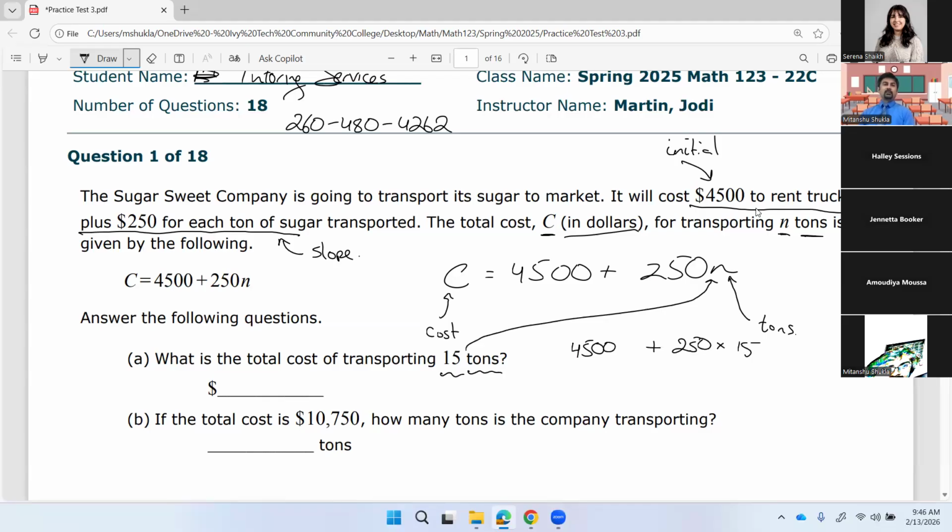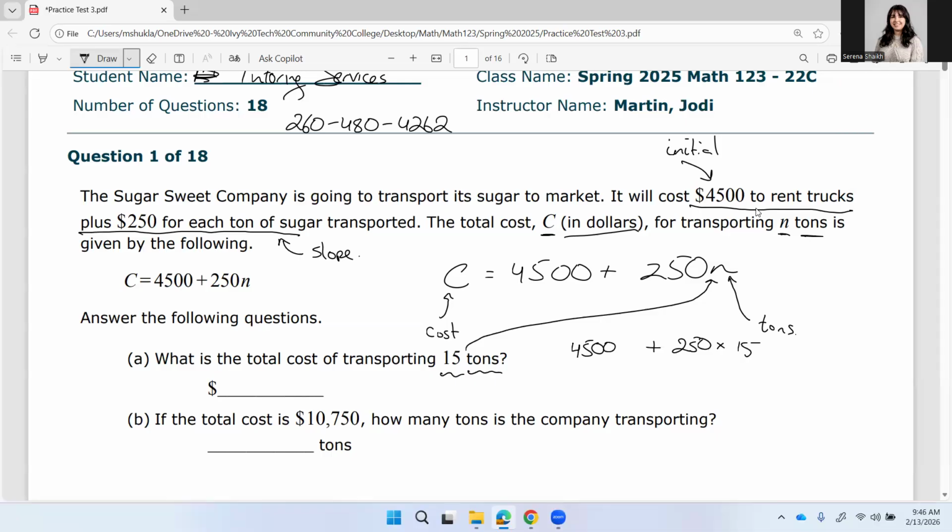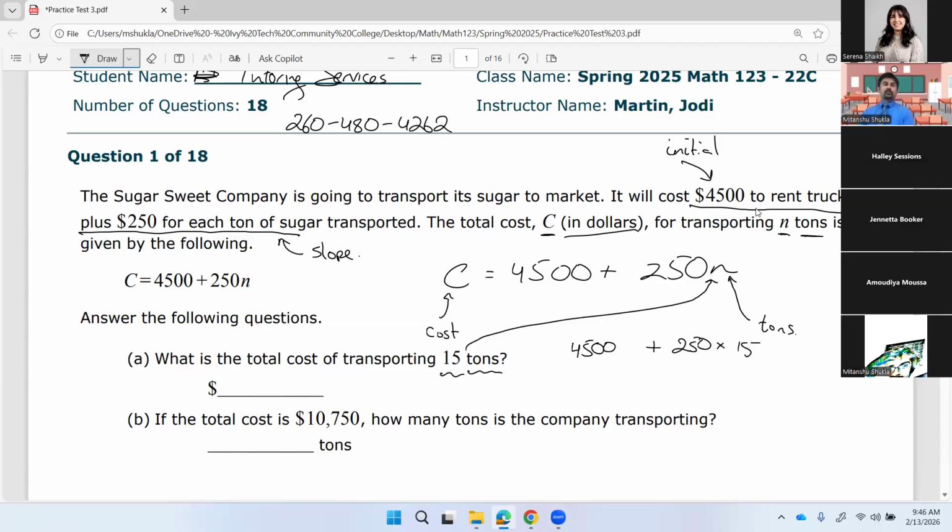And what does that give? 250 times 15 gives me 3,750. And then I just add everything, right?